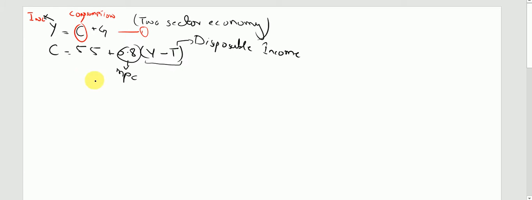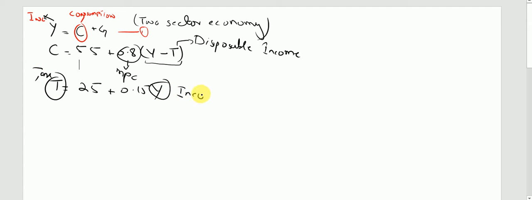This is the explanation of the second equation, and now I am writing the third equation. The third equation is simple: T equals 25 plus 0.15 Y. Here T is tax and Y is again income. This 25 is the same as the 55, that is, autonomous tax.